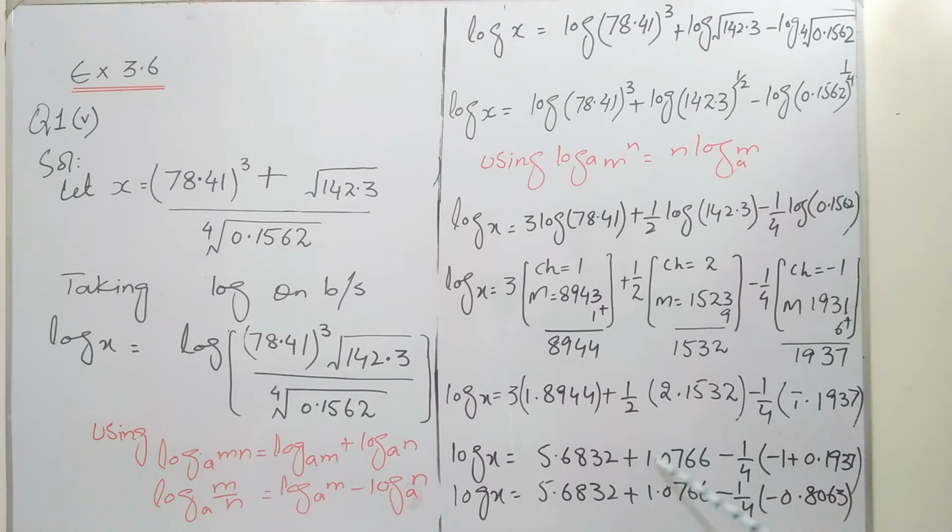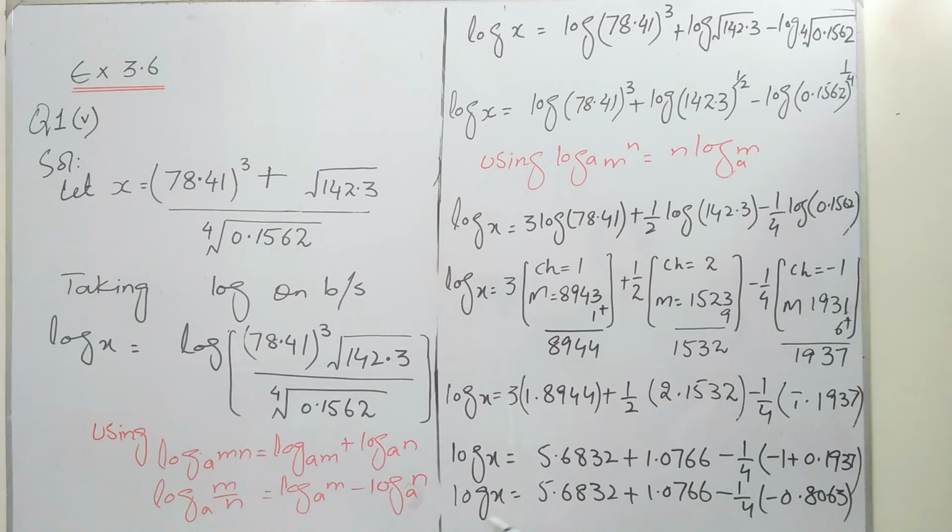So in the next case, 1 by 2 into 2.1532 is 1.0766, and this minus 1 by 4 into minus 1 plus 0.1937, because in this case in minus 1.1937 the characteristic is negative, and whenever the characteristic is negative we split up the value into negative characteristic plus positive mantissa and then we solve this value. After solving this value in the next step we get minus 0.8063.